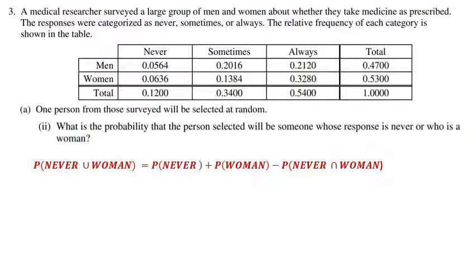If we just add up the column never, 12%, and add to that the row, 53%, the problem is we've counted the intersection, about 6%, twice. We counted it in the row and in the column, so we need to subtract that away. That gives us about 59% as a result.